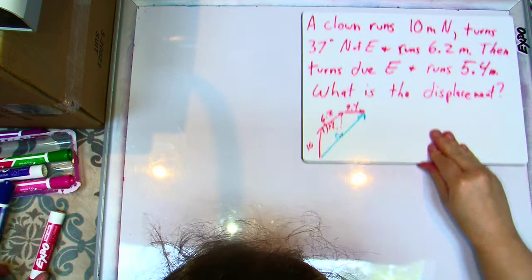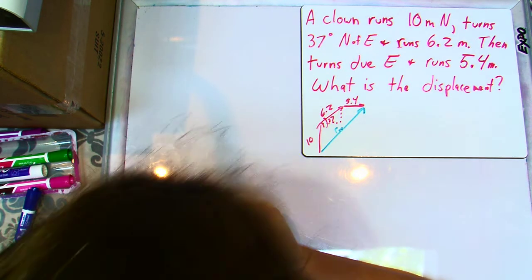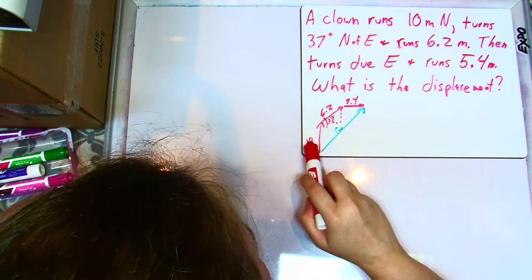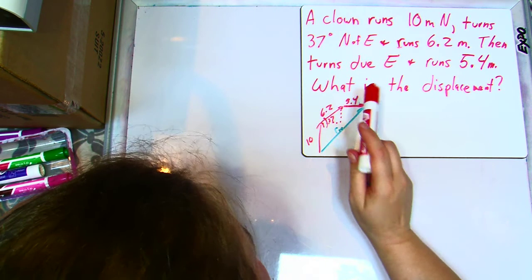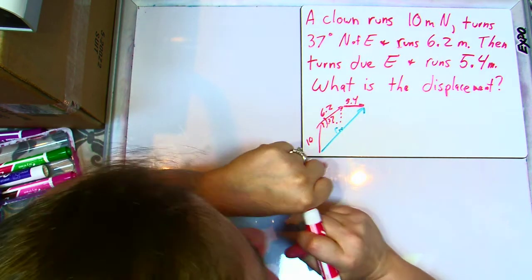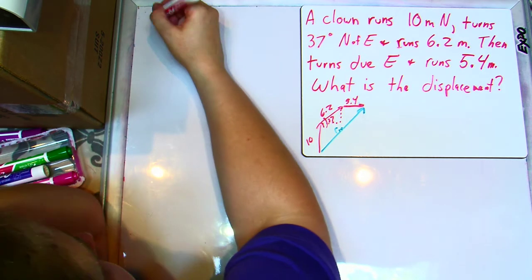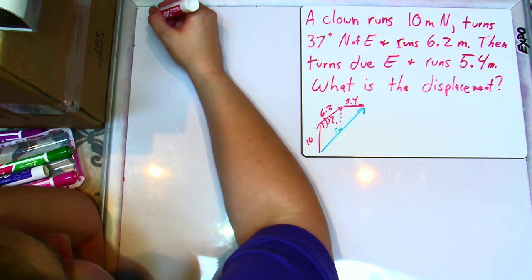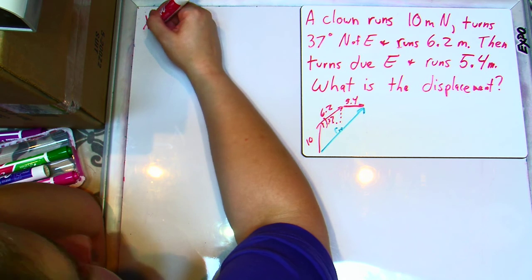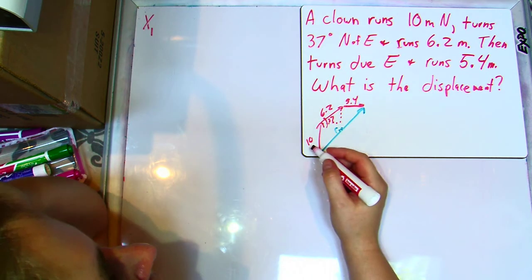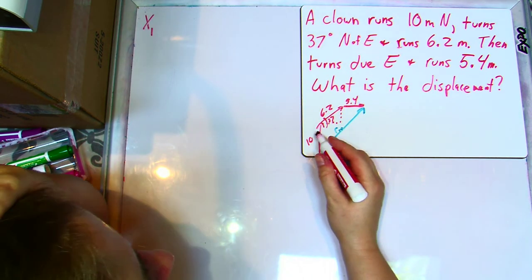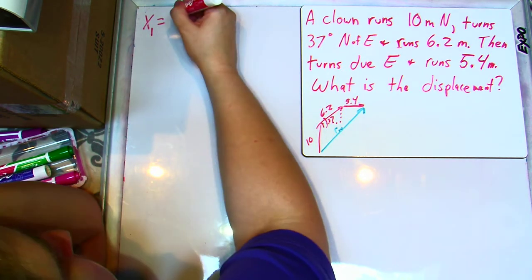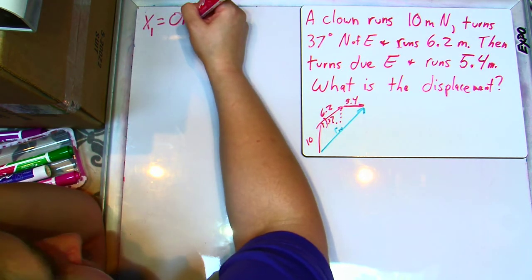Now let's start taking a look at this, shall we? All right, so we have three vectors, vector 1, vector 2, and vector 3. I'm going to start off with vector 1 and 3 because they're actually going to be the easiest. So for all of them, we're going to break them down into their x and y components. So for vector 1, he is heading 10 meters north, straight north, which means he does not have any horizontal movement, so his x value is going to be 0.